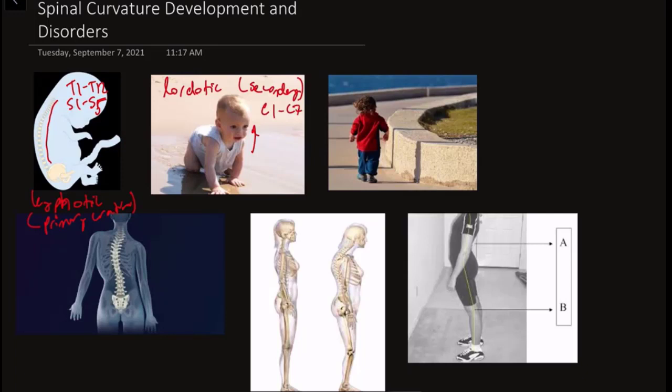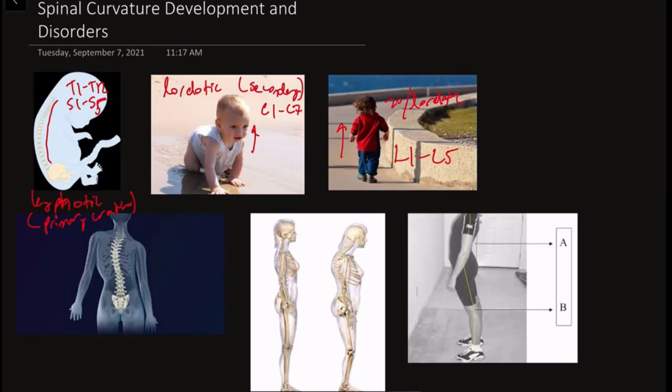And then in addition to that, as babies stand up and toddlers start walking around, that's when they start bearing a lot more weight, and they're going to develop their actual lumbar spine to support all that weight on that low back. Another example of the secondary or lordotic curvature is seen right here, and that is forming your lumbar spine, L1 through L5.